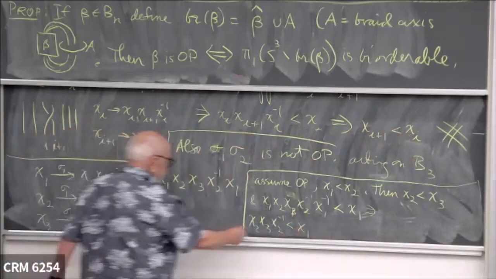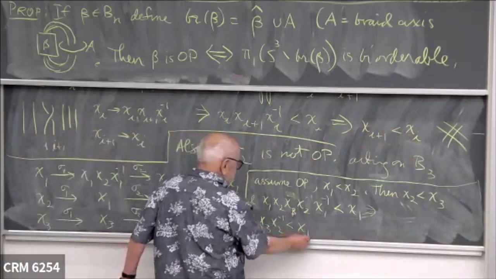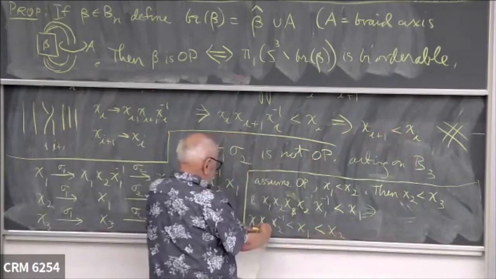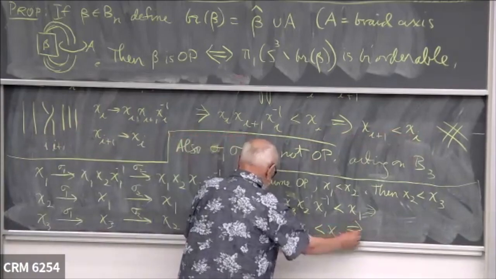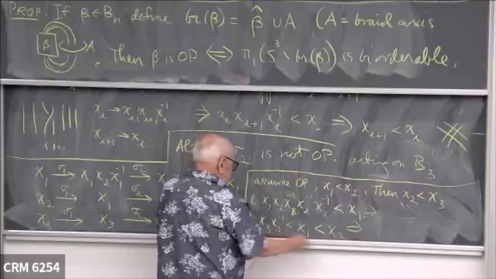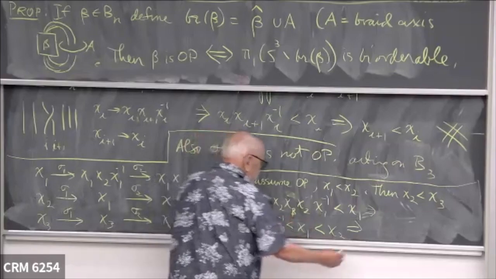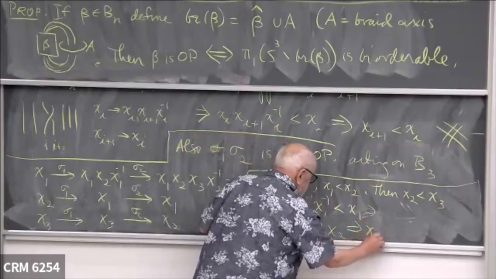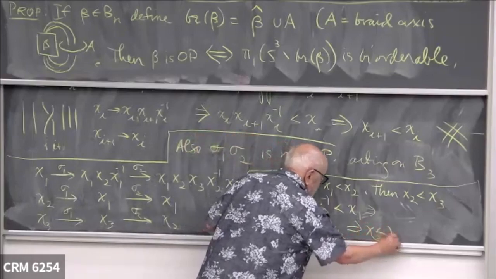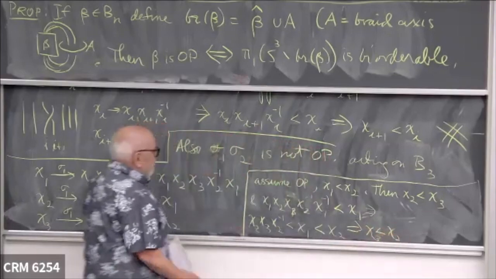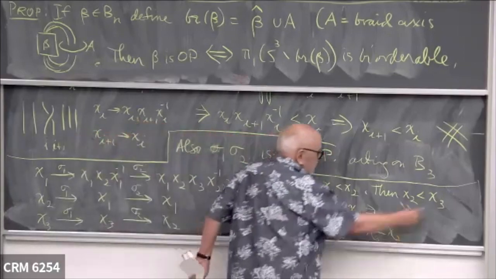Now I can't conjugate anymore, but remember X1 was less than X2. Forgetting the middle one, conjugate by X2 and I get that X3 is less than X2. That contradicts this.